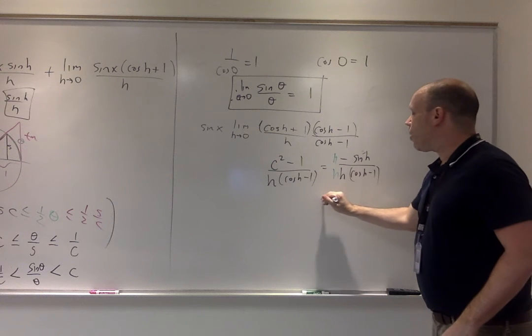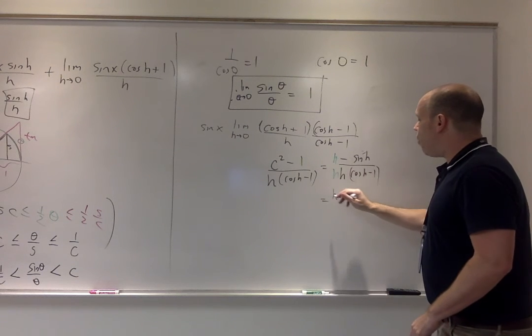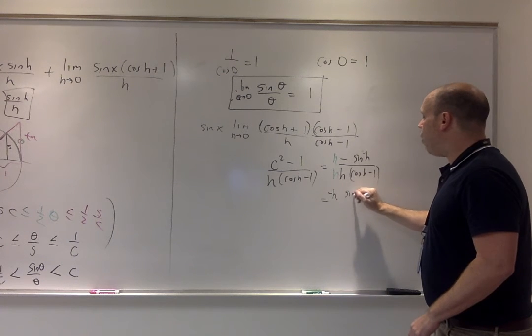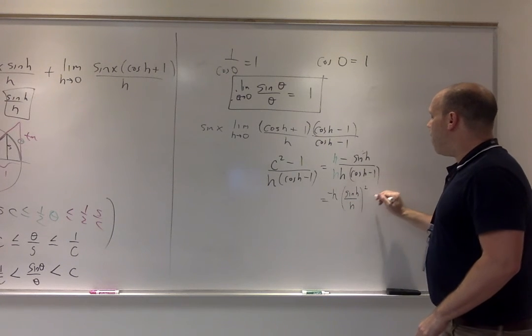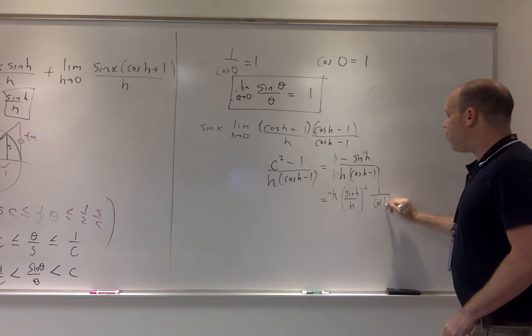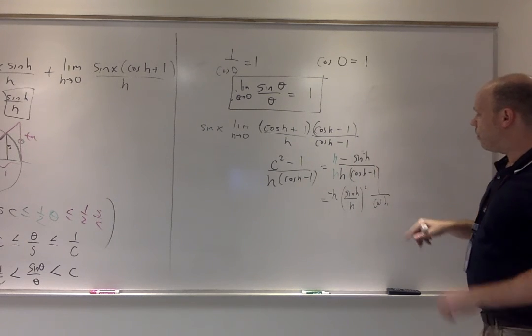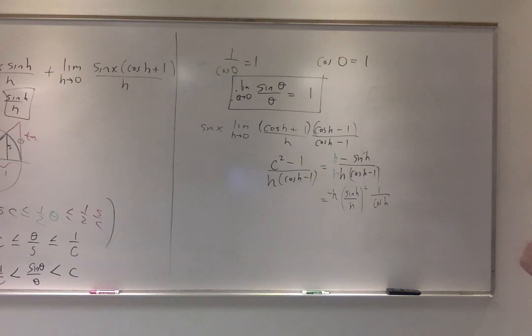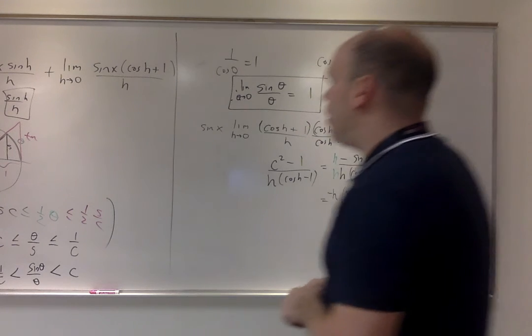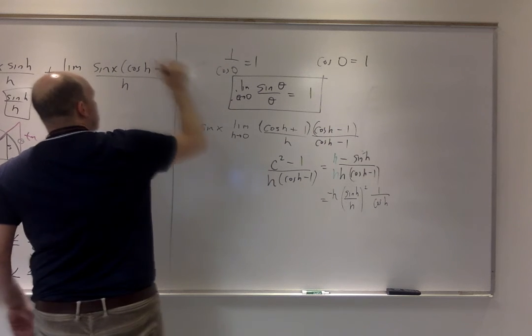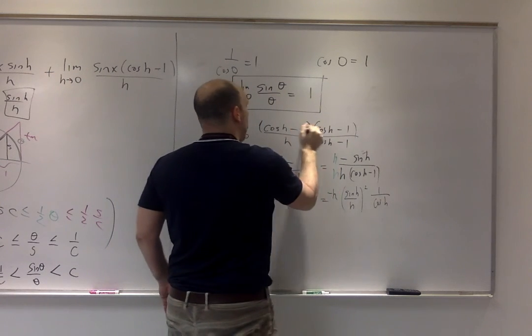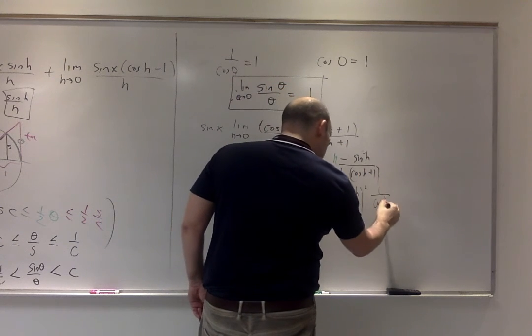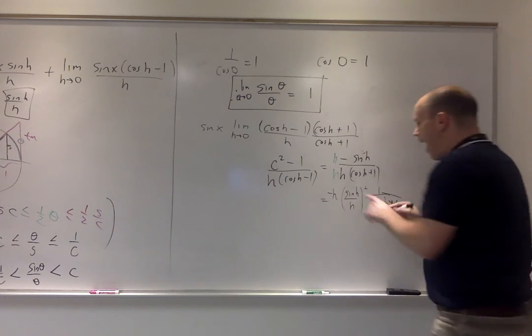So what we have here is a negative, sine of h over h squared, and 1 over cosine of h plus 1. Actually, this is plus 1, I'm sorry.